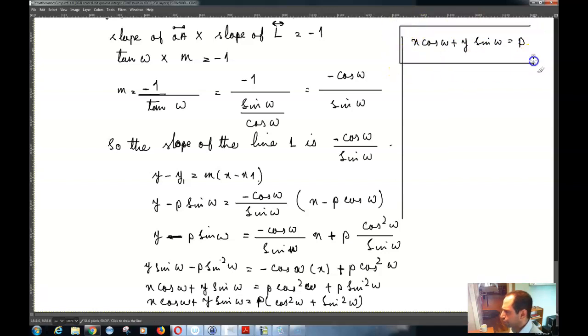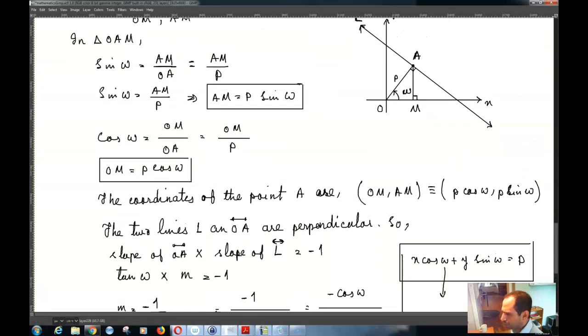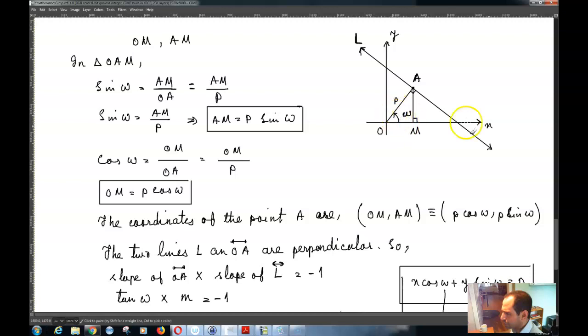So in this formula, omega is the angle that the normal makes with the positive direction of the x-axis, and p is the perpendicular distance of the line from the origin.